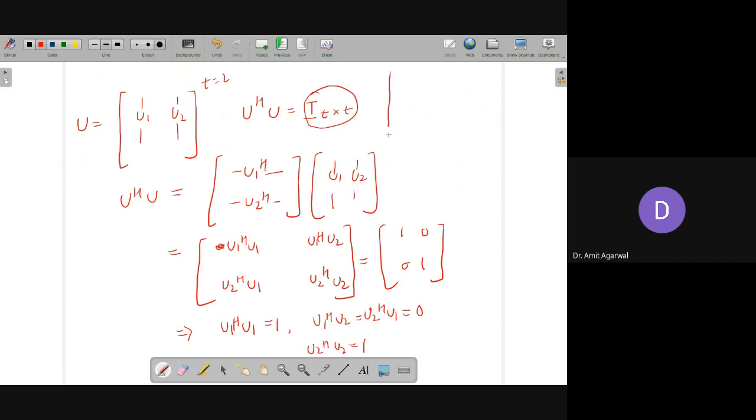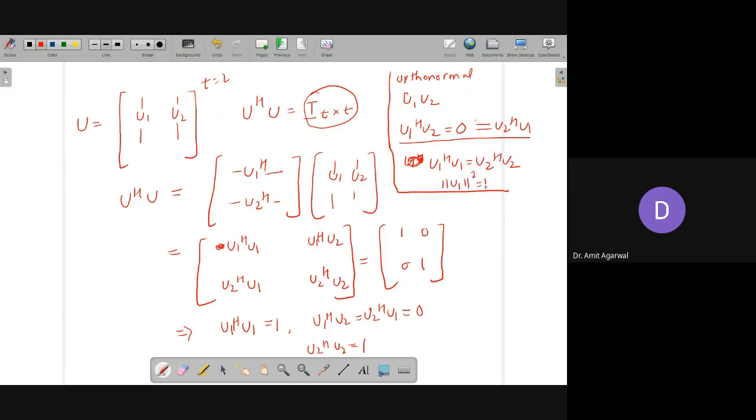What is the orthonormality condition? Tell me anyone. Two vectors U1 and U2 are orthogonal when U1 Hermitian U2 is 0, or U2 Hermitian U1 is 0. This is called orthogonality. And if U1 Hermitian U1 and U2 Hermitian U2, that means norm of U1 squared and norm of U2 squared, are also 1, then it is called orthonormal.